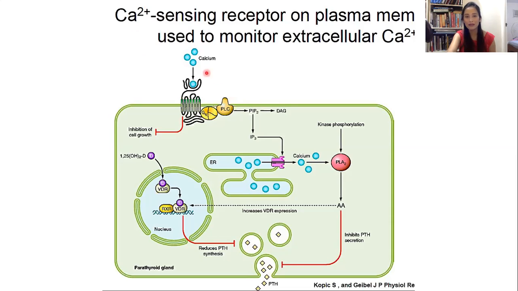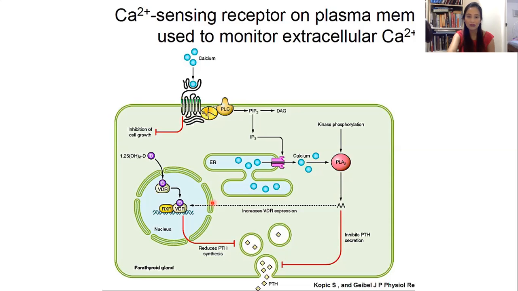So again, as I mentioned earlier, calcium binds to your calcium sensing receptor and sends a signal down the line to trigger the release of calcium in your endoplasmic reticulum. The calcium will then activate kinase phosphorylation, and the activation of kinase phosphorylation will inhibit PTH secretion.